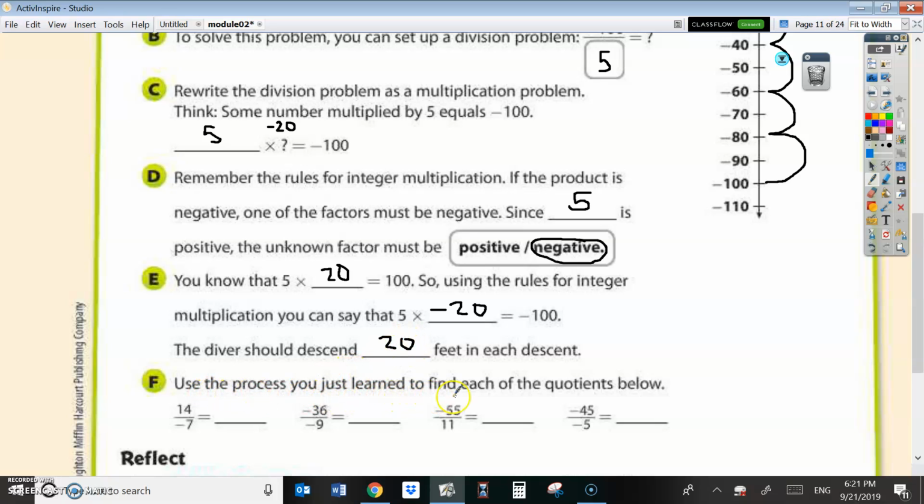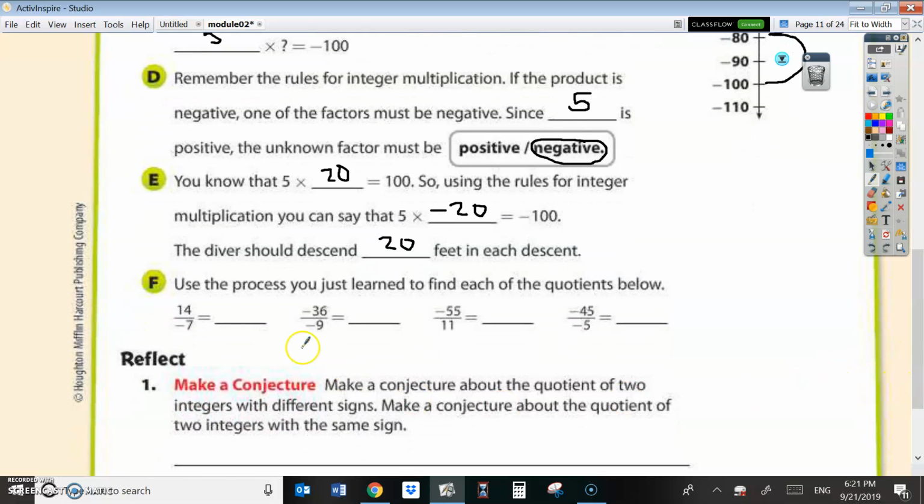Use the process you just learned to find each of the quotients below. So positive divided by a negative is a negative. Negative divided by a negative is a positive. Negative divided by a positive is a negative. Negative divided by a negative is a positive.